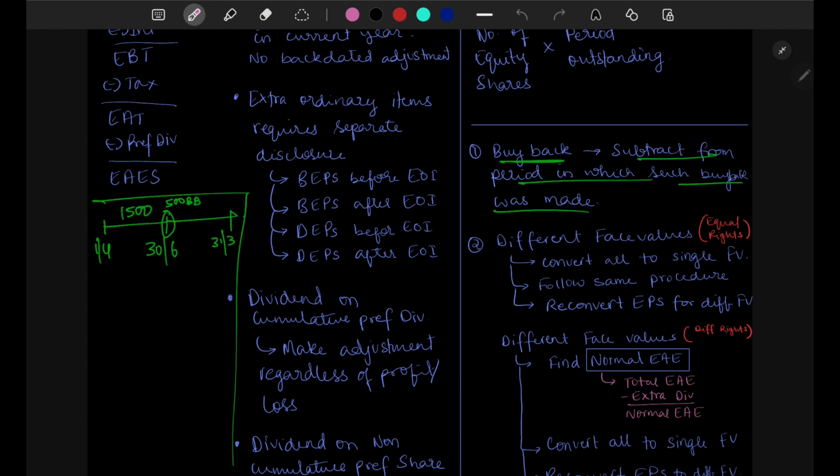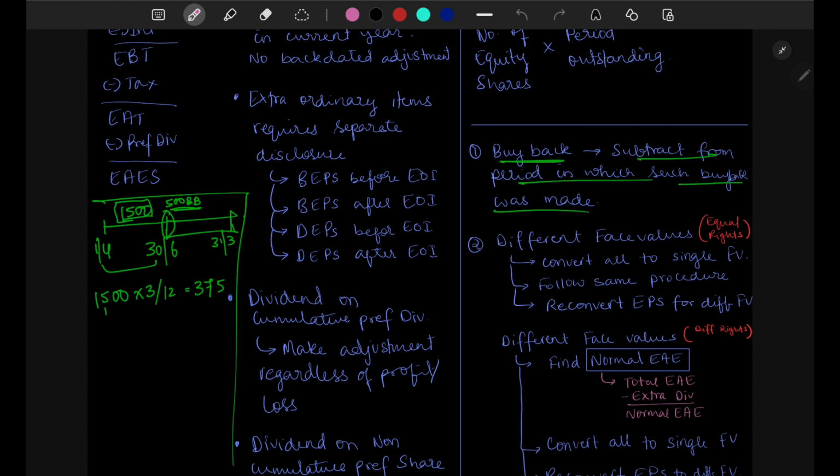So here 1500 shares existed only for the period between 1st of April to 30th June. So 1500 into the number of months, April, May and June, so 3 months, into 3 by 12. That comes up to 375. Now since 500 shares were bought back in the middle of the year, you'll have to subtract from the period in which such buyback was made. From June to March, those shares did not exist, because they were bought back.